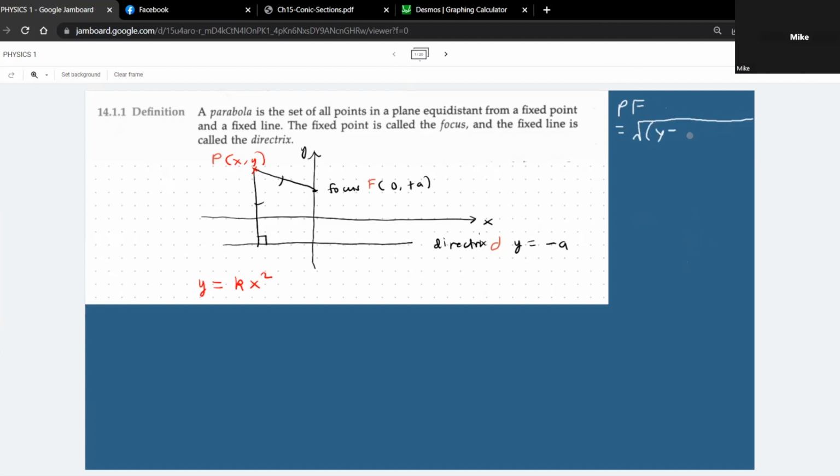Actually, di ba, it doesn't matter kung ano yung change in x square plus change in y square root. So x minus 0 square. Okay. So yan yung PF.